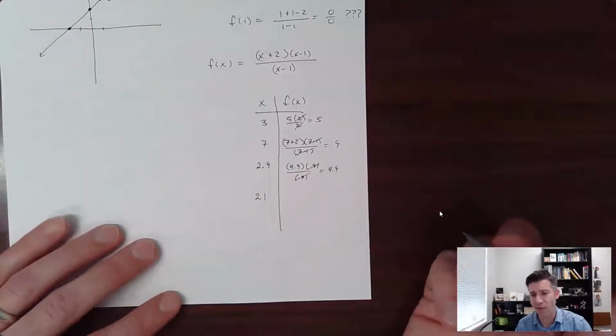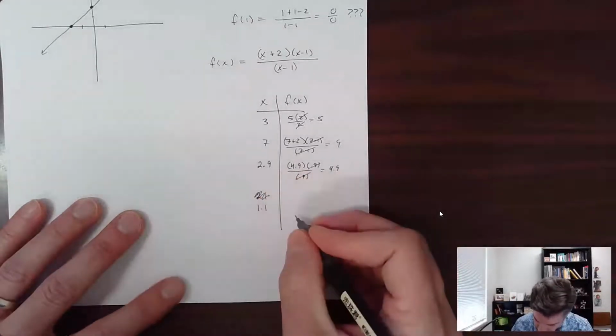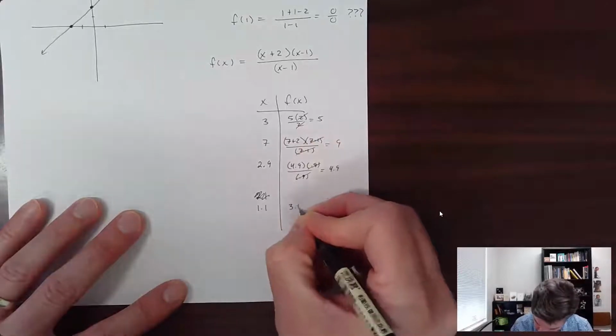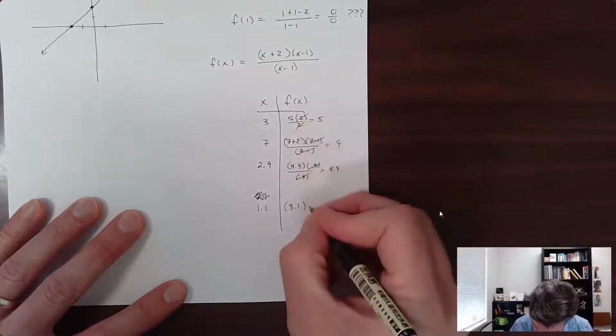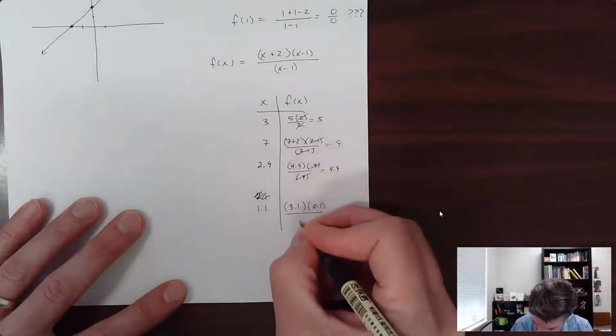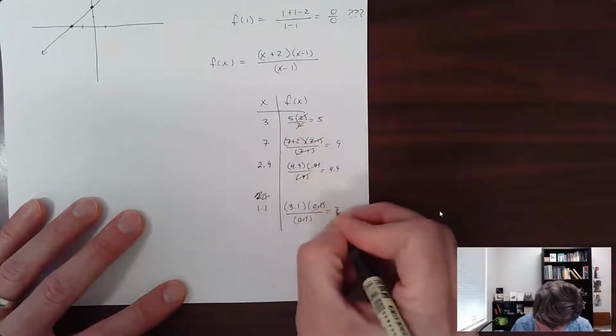I want numbers close to 1 though, apologies. If I plug in 1.1, I'm going to get 1.1 plus 2 times 1.1 minus 1, which is 0.1, divided by 1.1 minus 1, which is 0.1. Those cancel and I get 3.1.